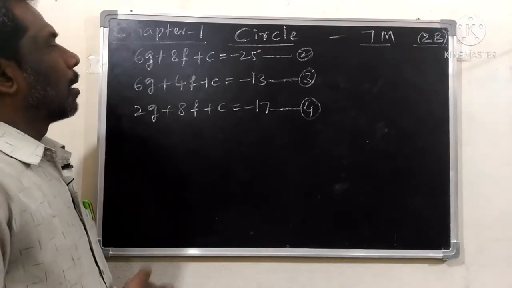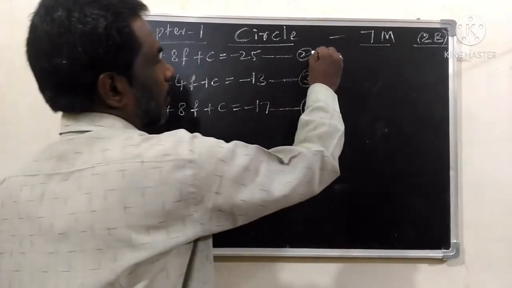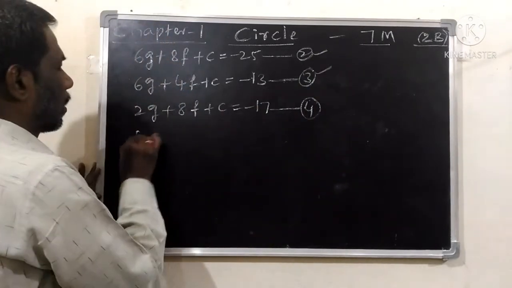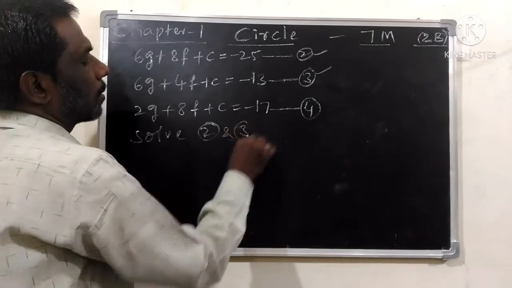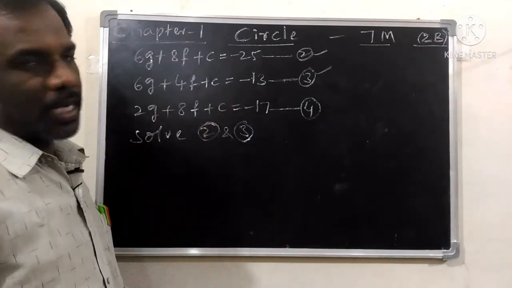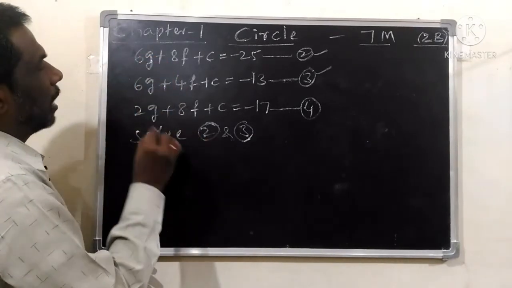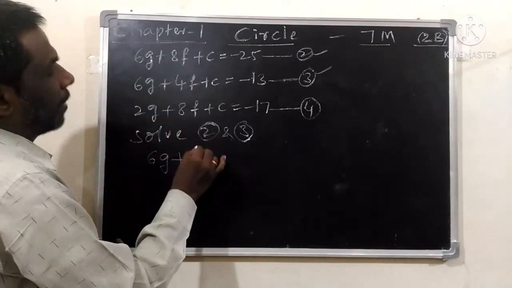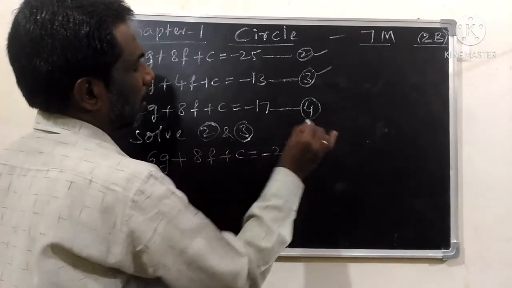Let us now solve equations 2 and 3. I am going to solve these two equations by the elimination method. So write the second equation: 6g plus 8f plus c equals minus 25.